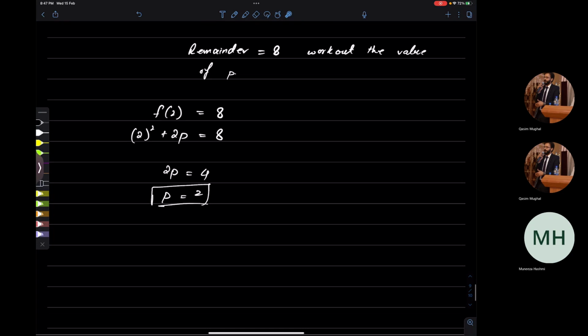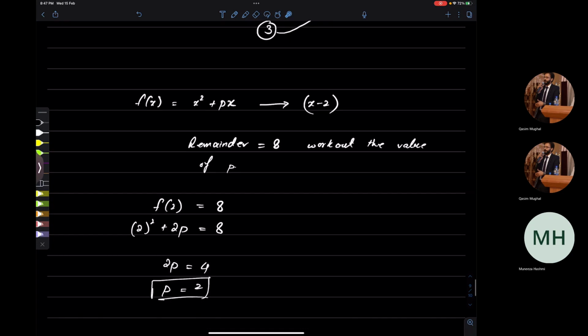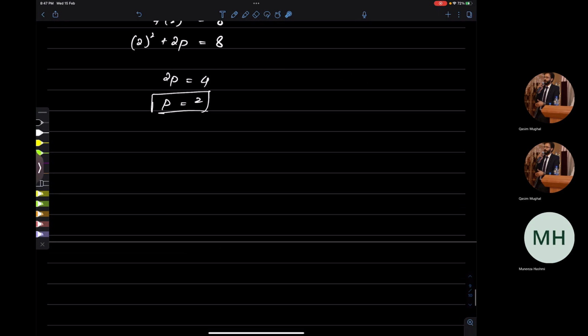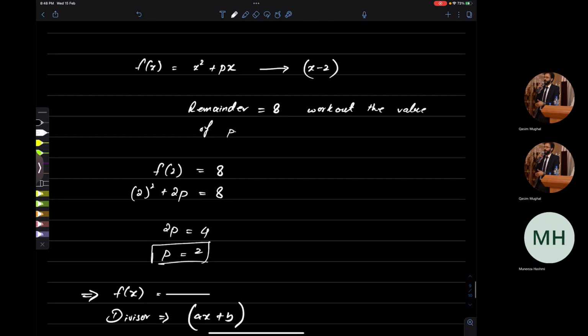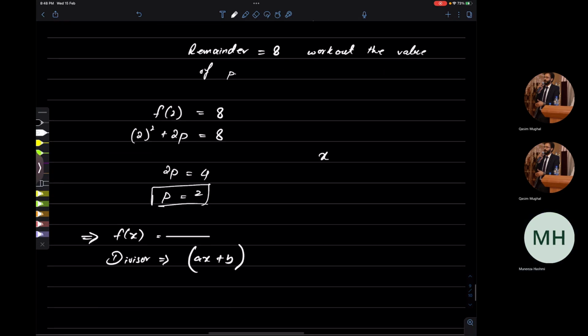Now let's bring this remainder theorem into its final shape. If I have a function f of x, any function like this, and if I have a divisor which is ax plus b, up to now I've been using divisors of type x minus a only, isn't it?